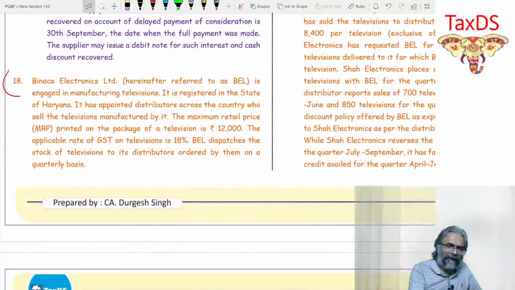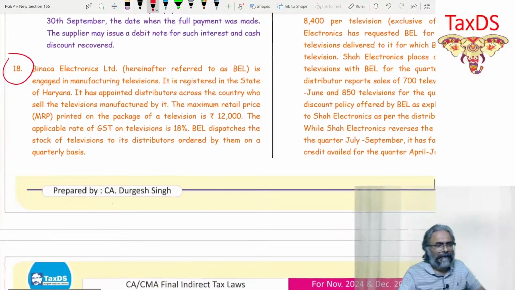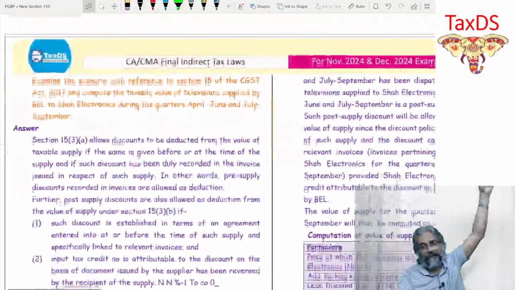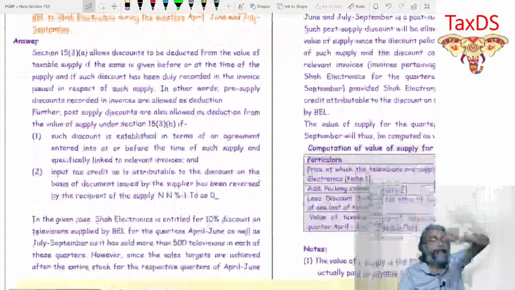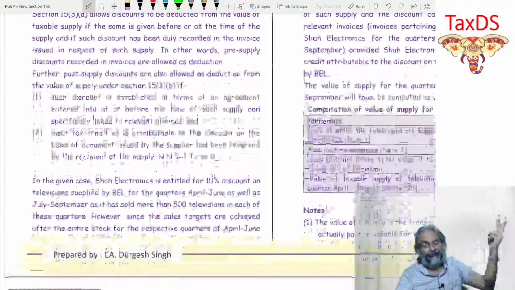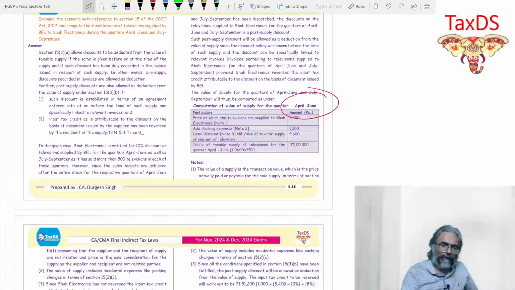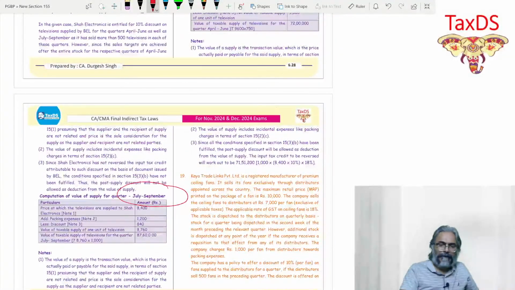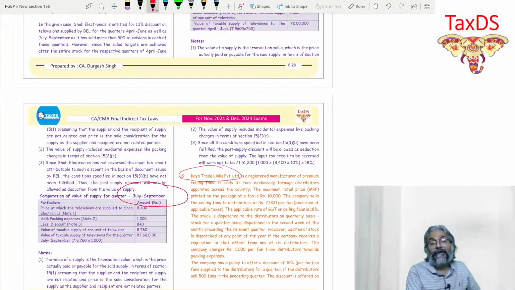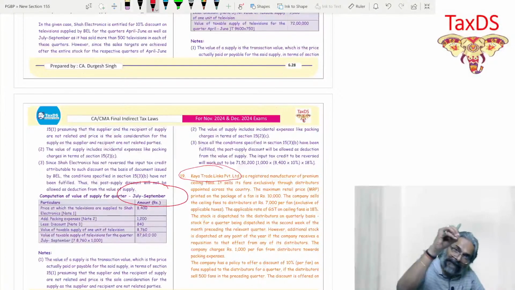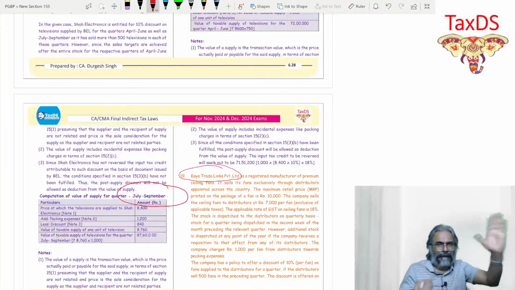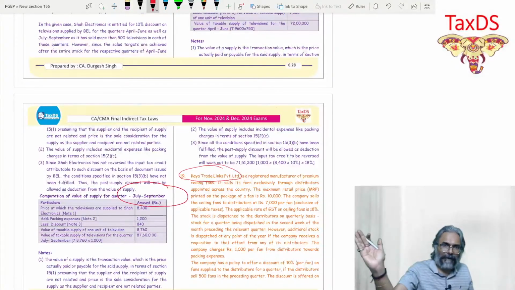Now this Binaka question that you can see is the same question that we did. Remember that question, April to June and then July to September, same thing. So that is already done. This Kaya Trade question, in one of the examinations, the same Binaka question, April to June, July to September.